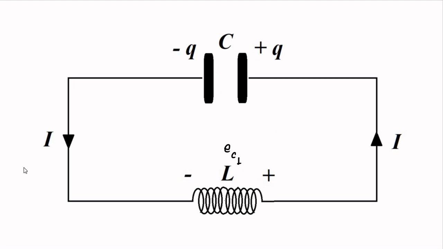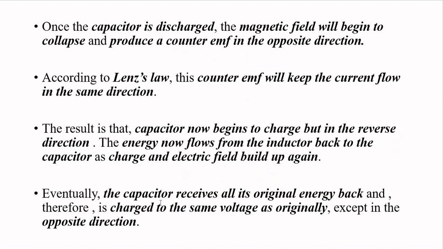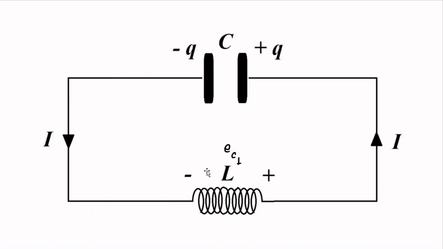So now again it starts charging in the opposite direction because of the counter EMF produced due to Lenz's law, and the process happens again but in the reverse direction. That is, the energy from the magnetic field slowly decreases, causing an increase in the energy in the electrostatic field.